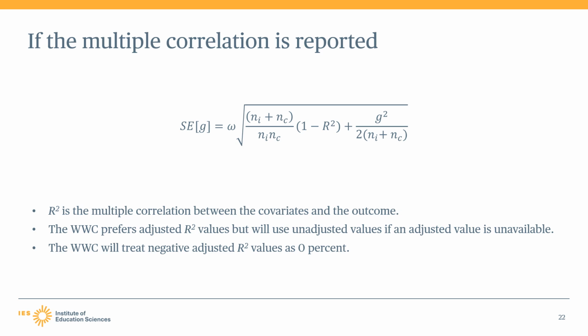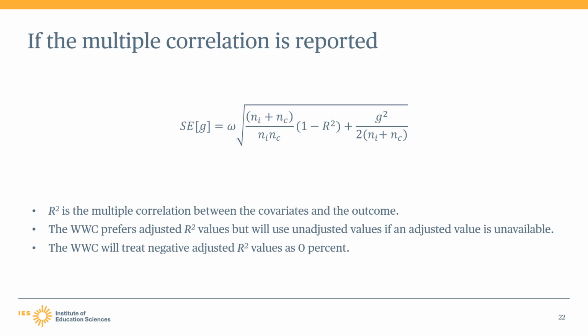The WWC always will prefer adjusted R-squared values that account for the number of entered predictors and correct for overconfidence in the model predictions. And if a study reports a negative adjusted R-squared value, the WWC will treat that value as 0%. If an adjusted R-squared value is not available, then the WWC can use unadjusted R-squared values.